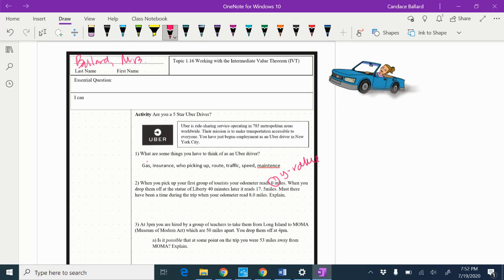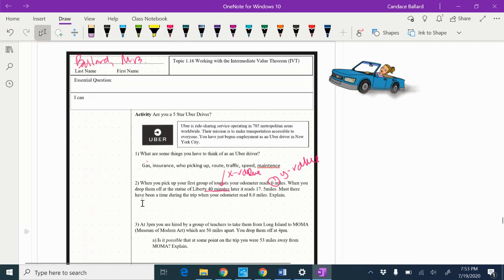When you drop them off at the Statue of Liberty 40 minutes later, the miles is the Y value, the minutes is the X value. It reads 17.5 miles. Must there have been a time during the trip when your odometer read 8 miles?